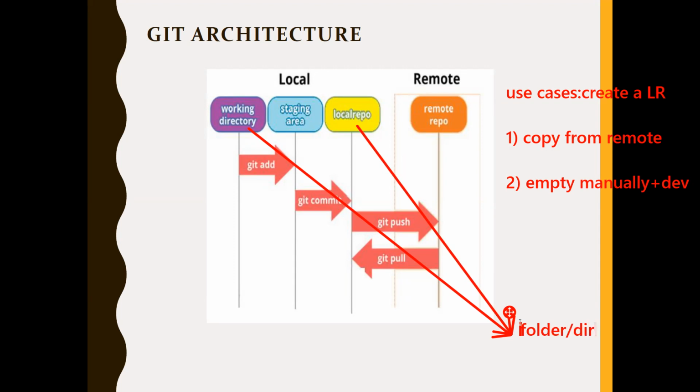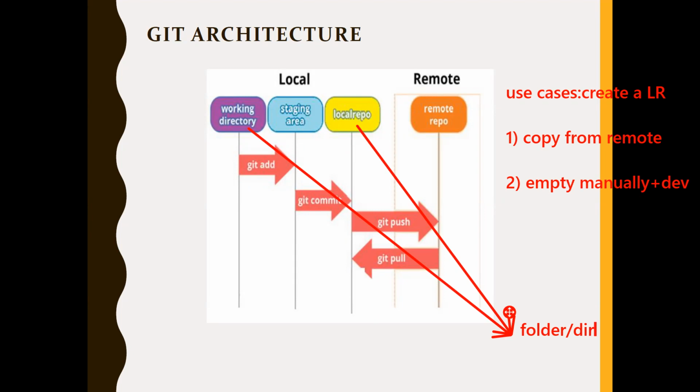It's the same directory. Then you may be confused or you may have a question, then how come you say working directory and local repository, isn't it? See, this working directory and local repository are physically the same, but logically they are different. Right? How are they logically different? What does it mean? Let me explain to you.